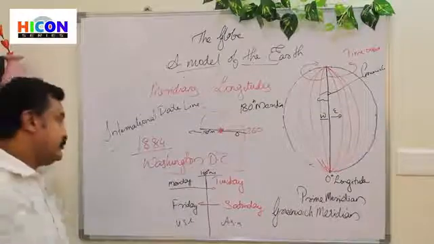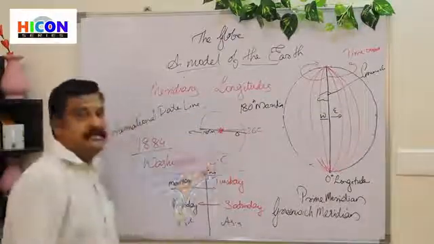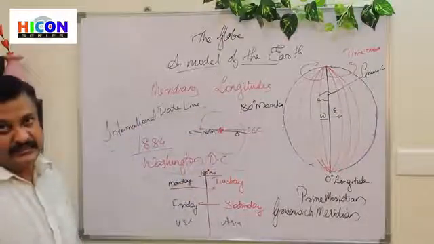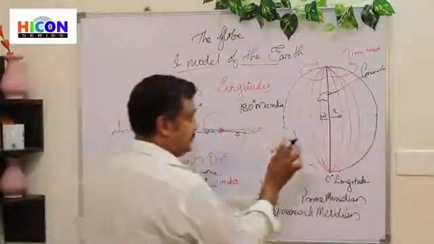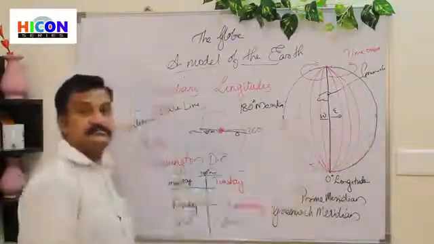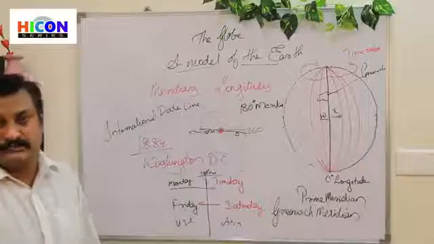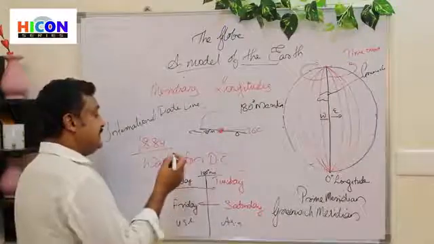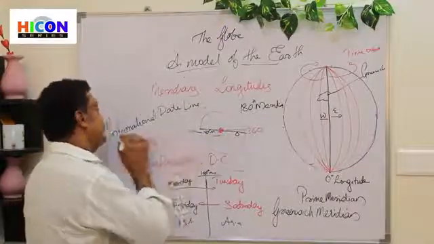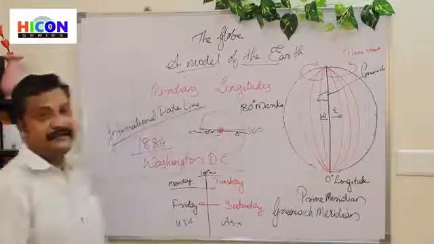Okay, so the international date line is adjusted in such a way that the entire time zones will not get collapsed. So the 180-degree meridian is known as the international date line.